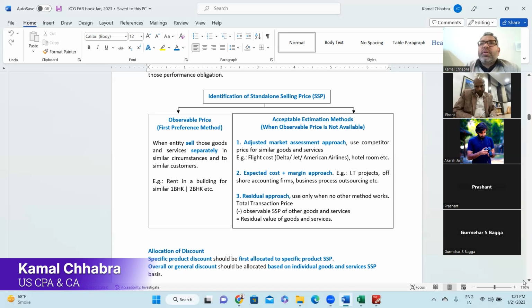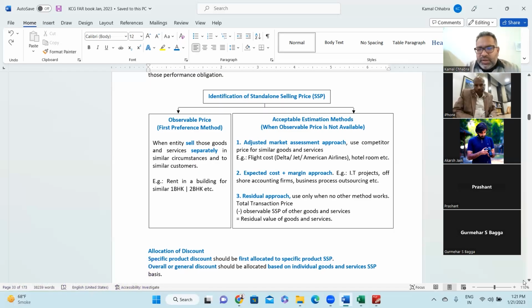For example, if you go to Goa in December, it's ultra peak travel season. At that time, you will not get any five-star property for less than $1,000. But during the rainy season, it's completely free, so you can easily get it for $100 also. So there are so many factors.